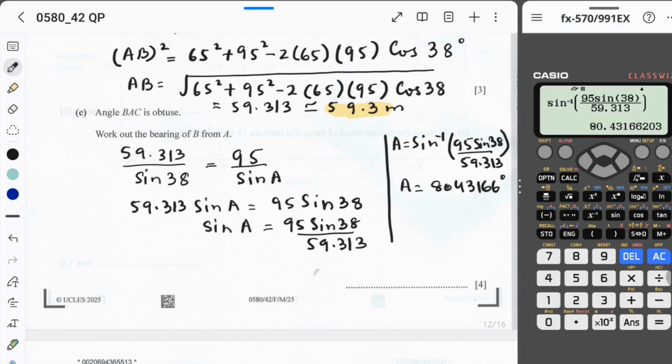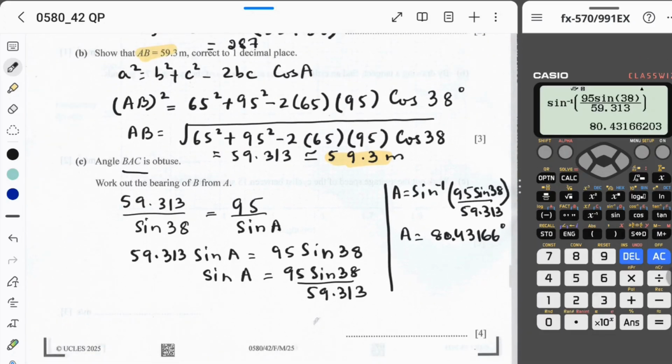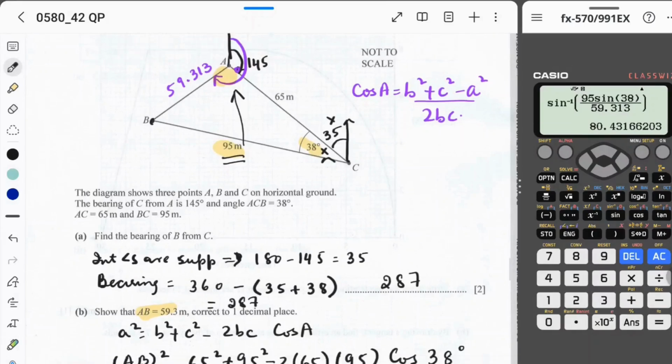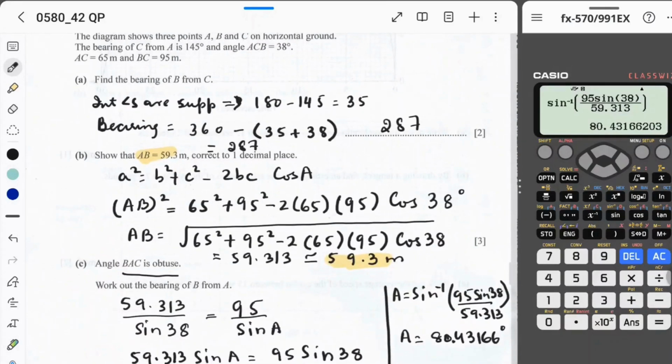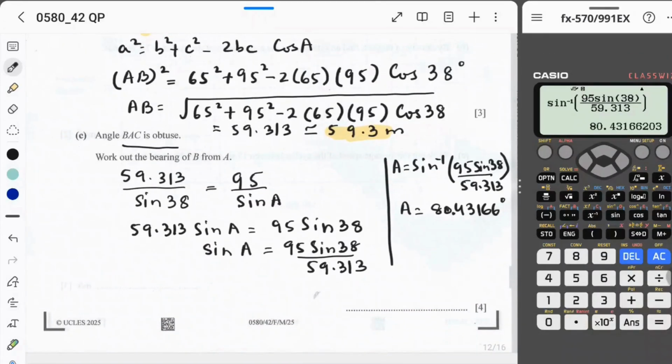All right, 80 point. Okay, so as BAC is an obtuse angle, we can see BAC is an obtuse angle. You know that sine theta is equals to sine of 180 minus theta. So for an obtuse angle, you know that it is in the second quadrant and sine is positive. So what do we do?